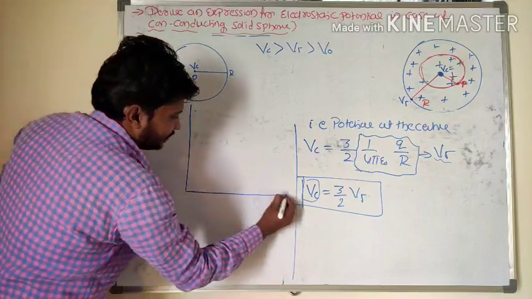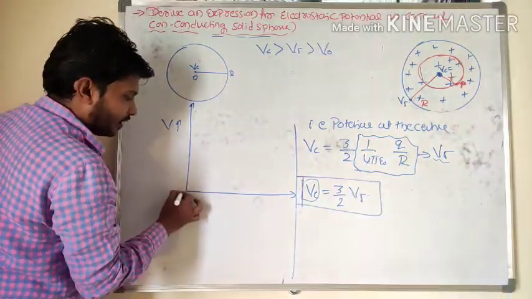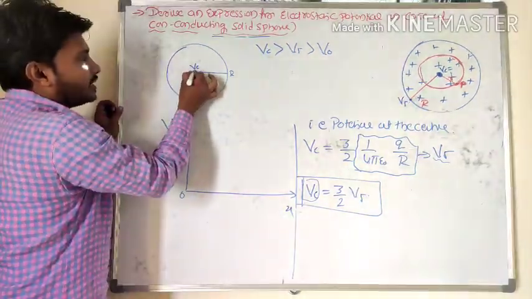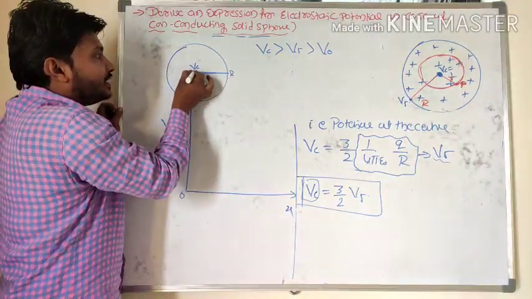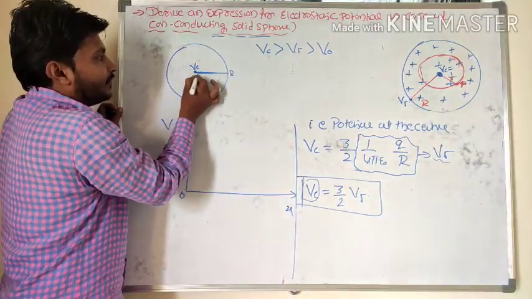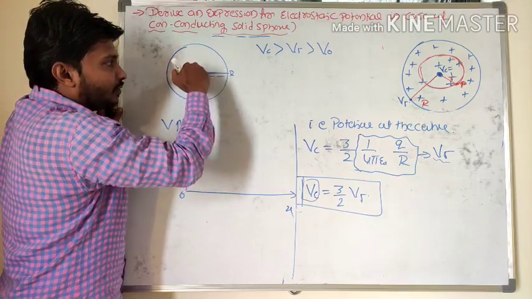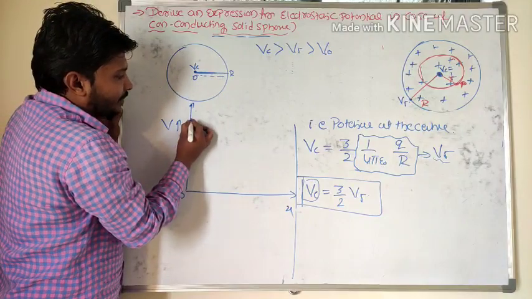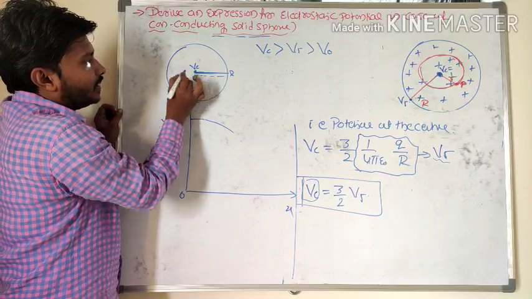So what is the nature of the graph? You will get it here. Along the y-axis potential, along the x-axis distance. As I move from the center to the surface, potential is maximum at the center. If I move from the center to the surface, potential value goes on decreasing.